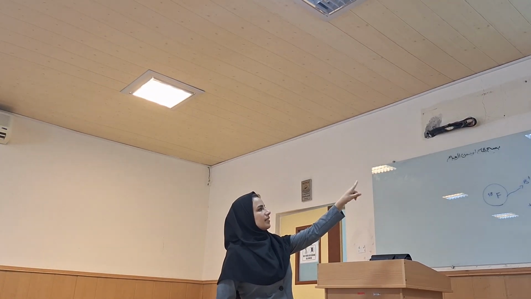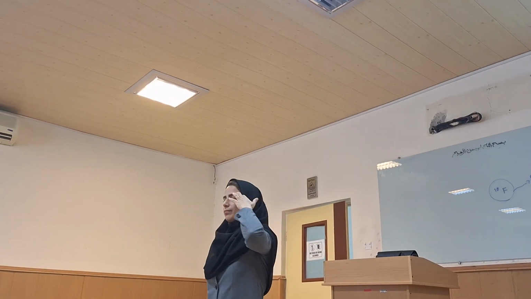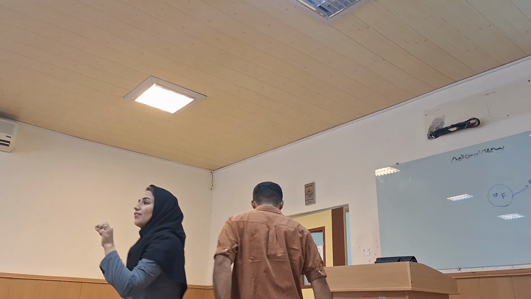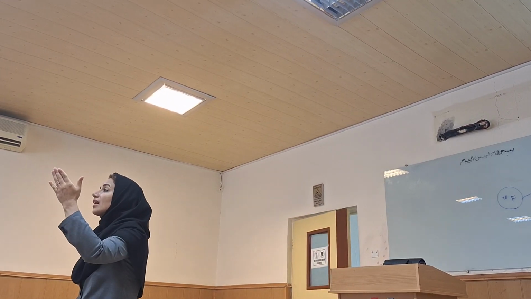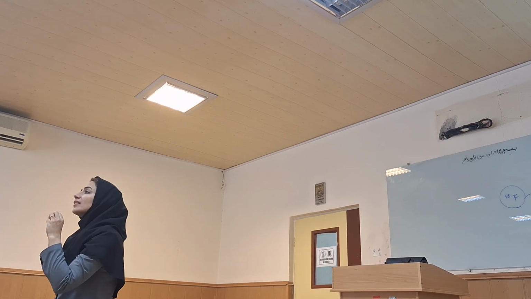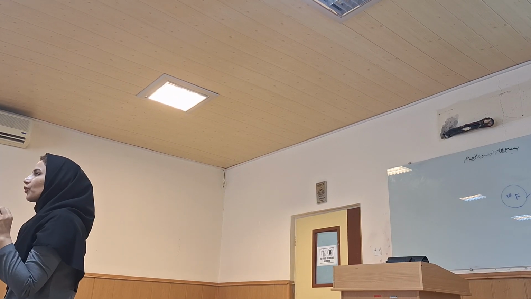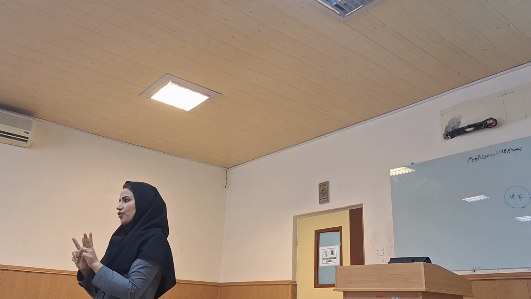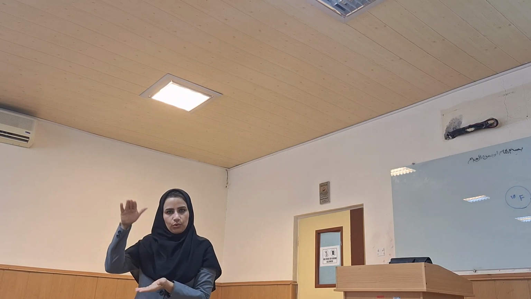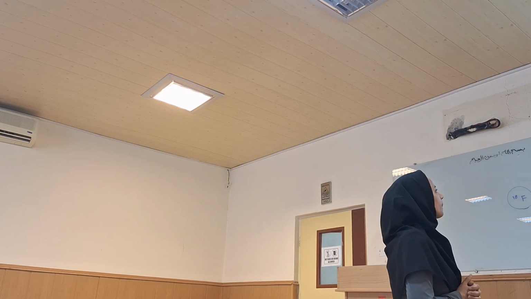And I highlighted another point: if the energy of the gamma ray is increased, the number of light photons increases, and there is a direct relationship between them. If the energy of the photons increases, the number of light photons again increases.